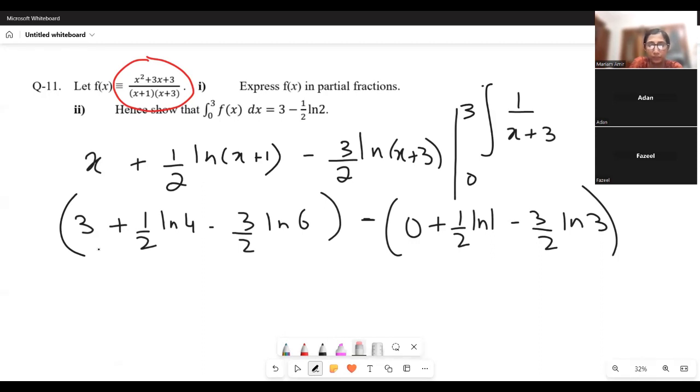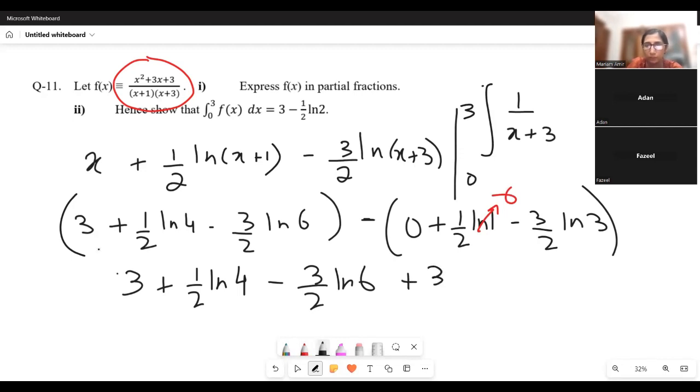Expand this: 3 plus half ln 4 minus 3 upon 2 ln 6 minus half, okay, ln 1 is 0. So let's just eliminate this. Here it is 0, इसको लिखने की जरूरत ही नहीं है. So we just have to write plus 3/2 ln 3.